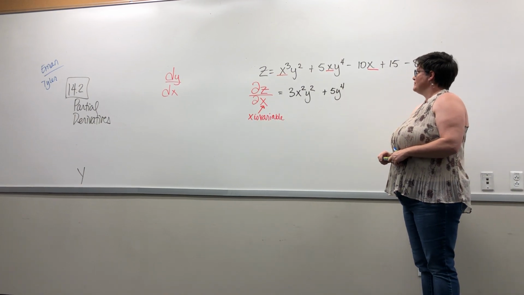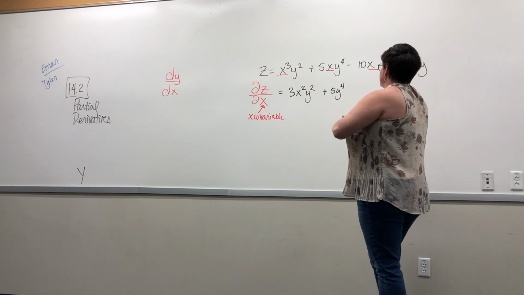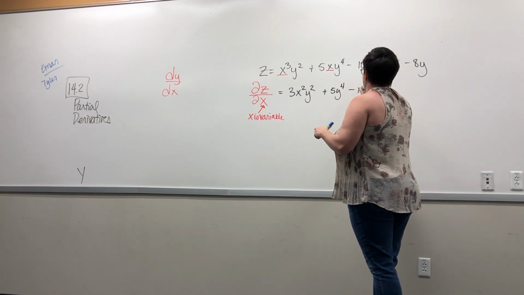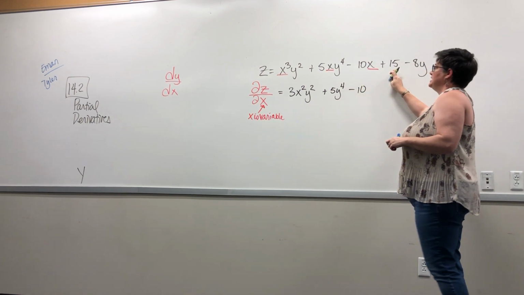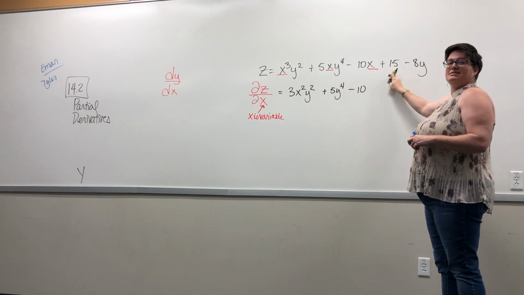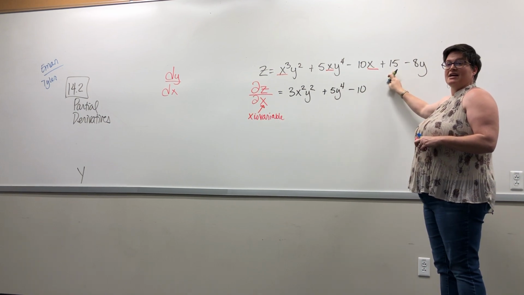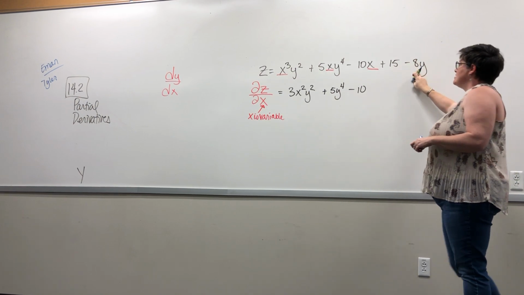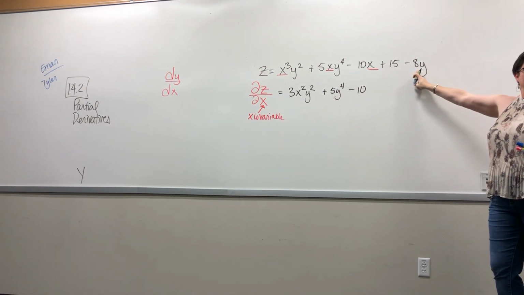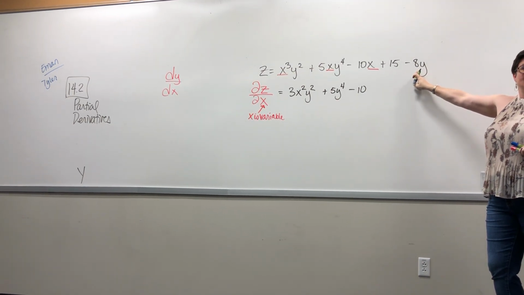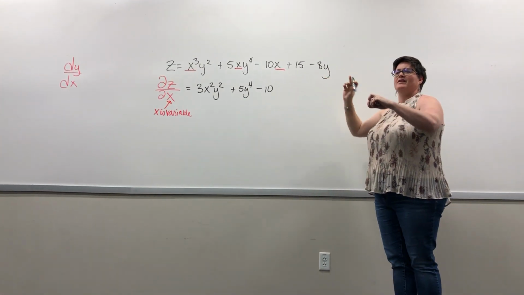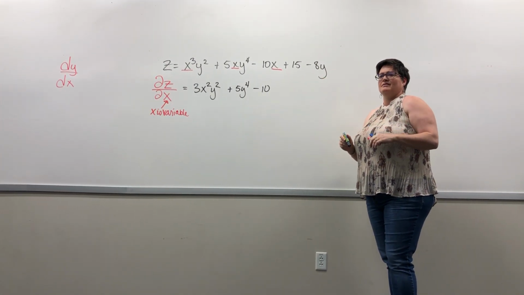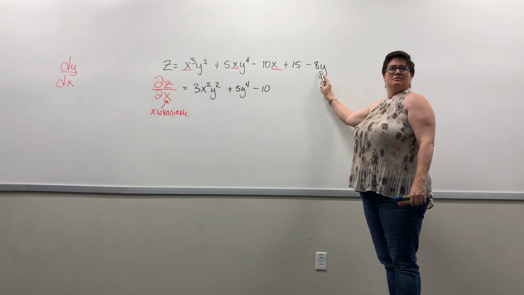What's the derivative of negative 10x? Good. What's the derivative of 15? 0. You killed it, killer. It doesn't have an x, right? It's constant. What's the derivative of negative 8y? Is there an x variable?